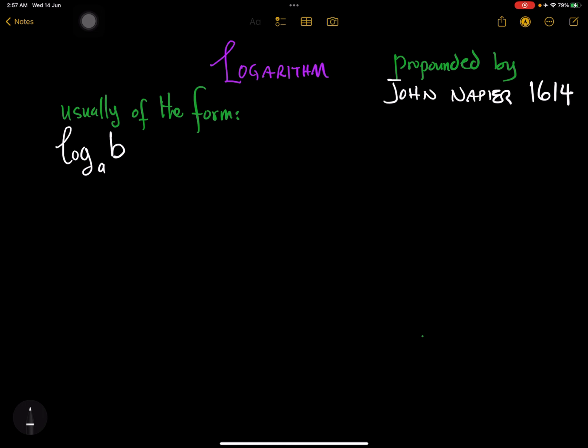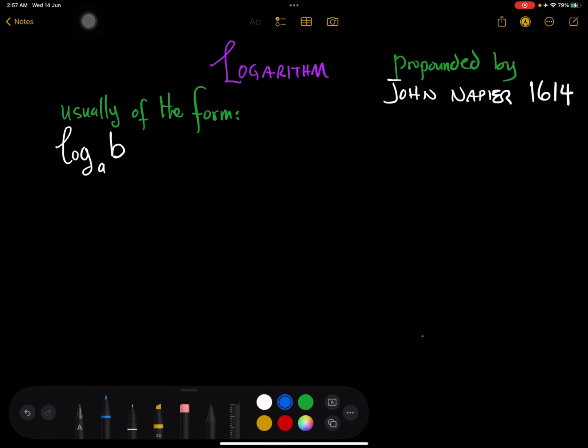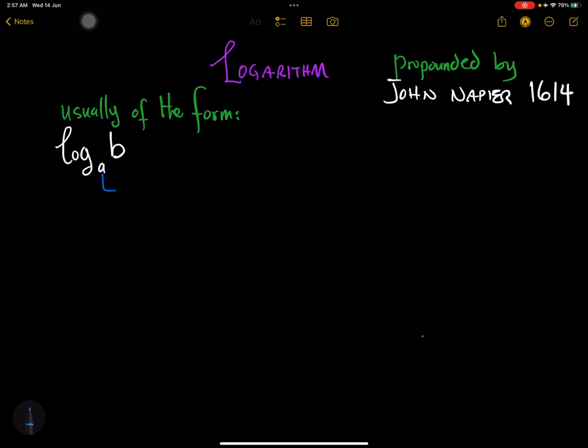Usually we refer to this as, the a is known as the base. So we pronounce it as log b to the base a.